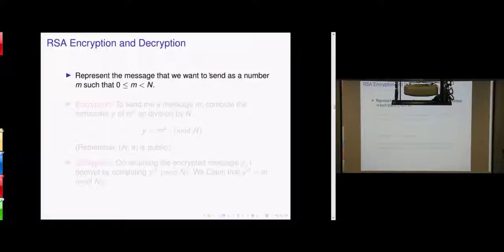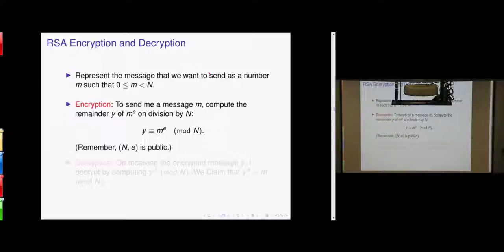Let's assume you want to send me the number m. Now the encryption is this: compute the remainder of m to the e on division by n. In other words, you calculate y, which is congruent to m to the power of e.